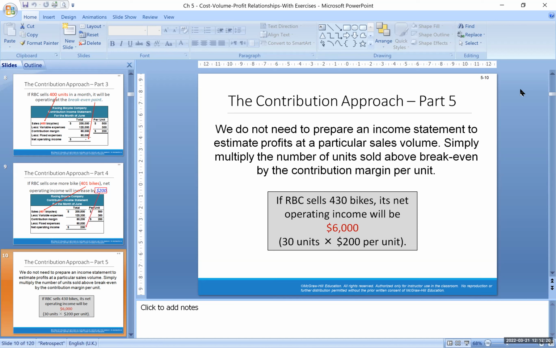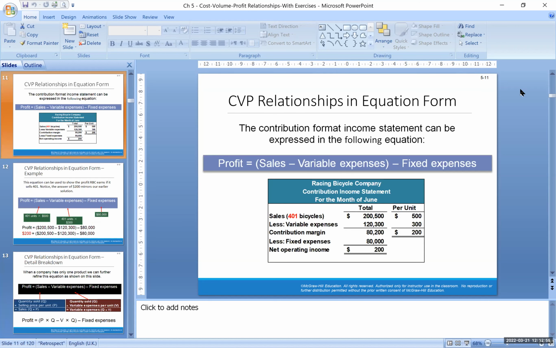So the contribution margin is equal to the price minus the variable expenses for one unit. Now, 30 units multiplied by $200 equals $6,000, and this will be the operating income for the company.